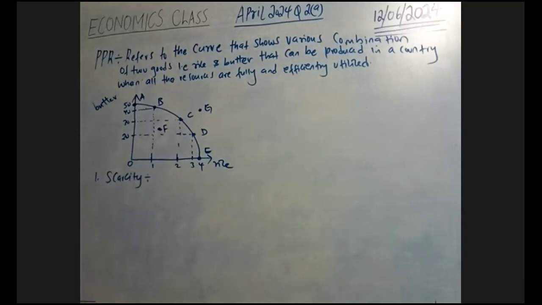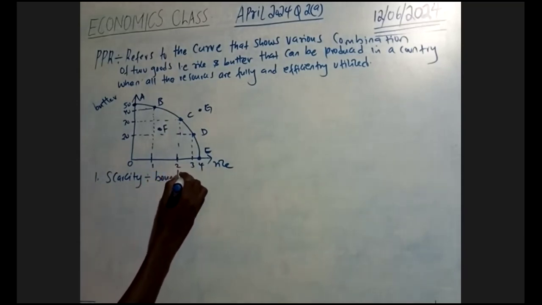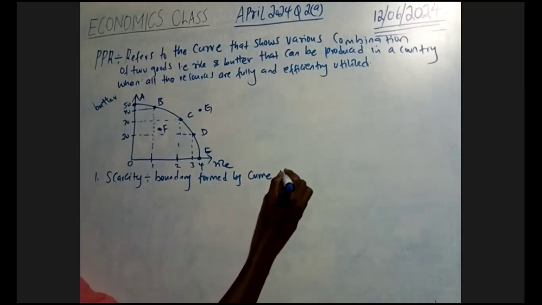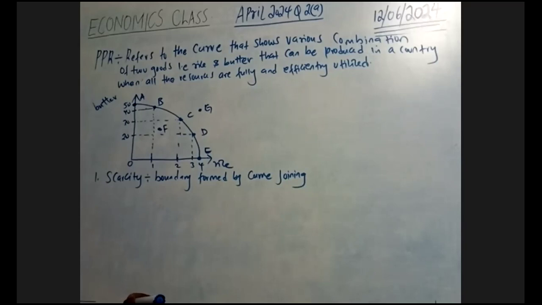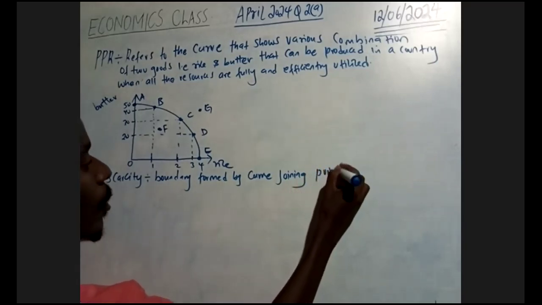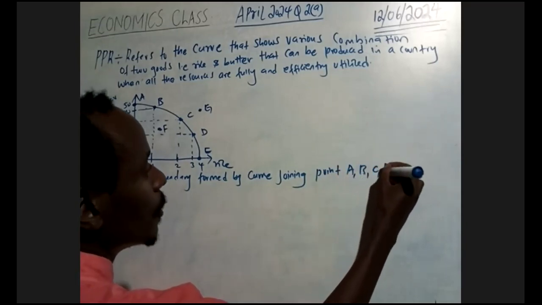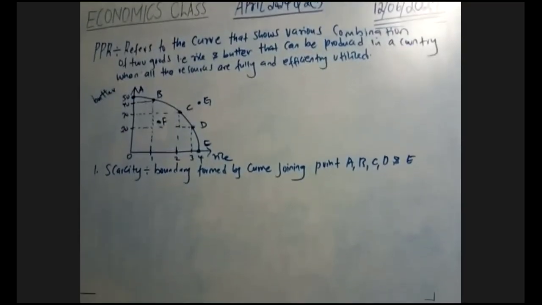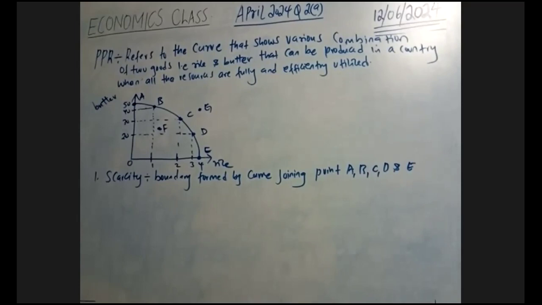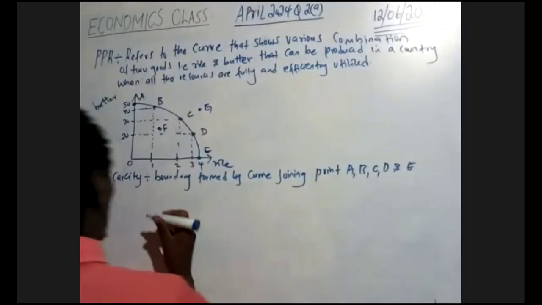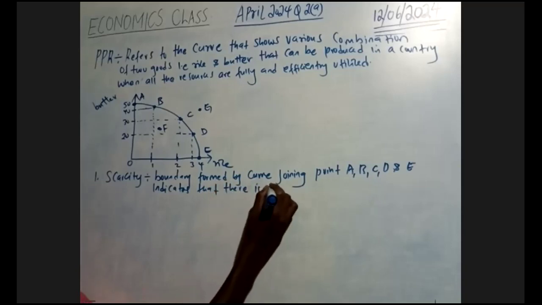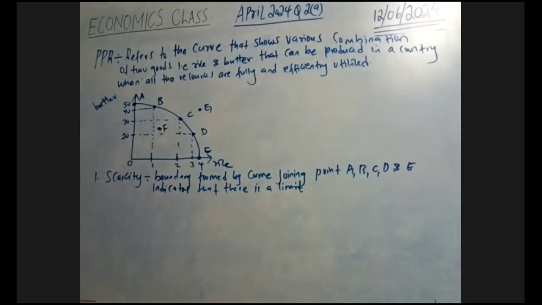Scarcity, and you say boundary formed by curve joining point A, B, C, D, and E indicates that there is a limit.